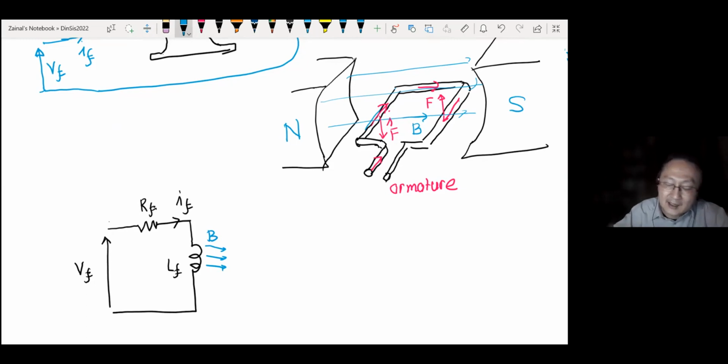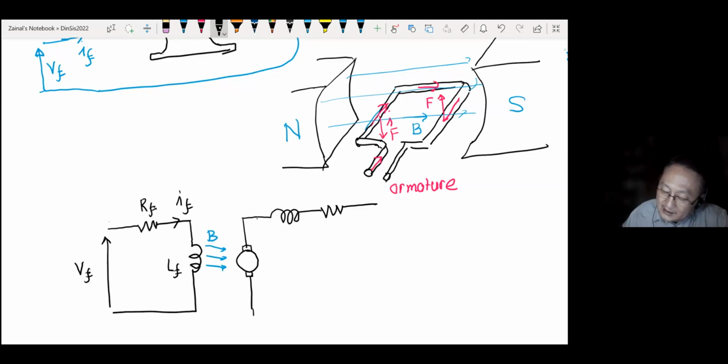And then in the armature, you also have something like that. So on the armature, you have something like this one. This one is the model, right? This one is L armature, and this one is the resistance of the armature.